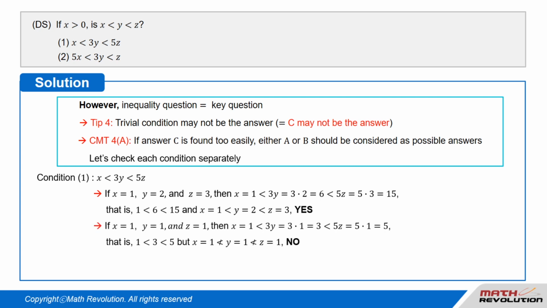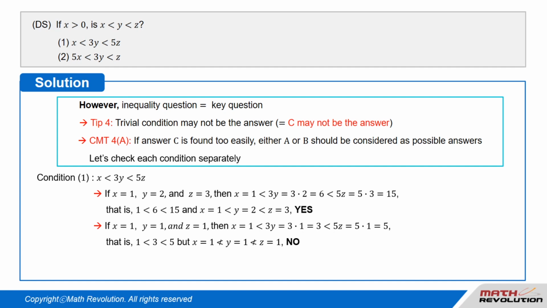However, if x equals 1, and y equals 1, and z equals 1, x equals 1 is less than 3 times y, which equals 3 times 1, that equals 3, which is less than 5 times z, that equals 5 times 1, which equals 5. That is, 1 is less than 3, which is less than 5. But x equals 1 is not less than y equals 1, which is not less than z equals 1.